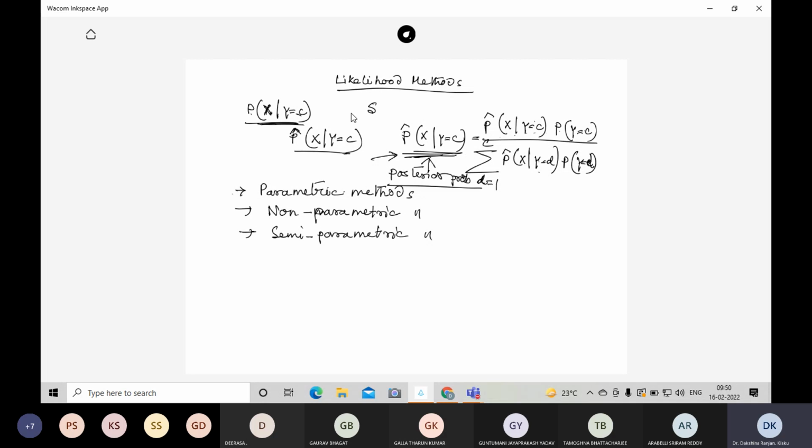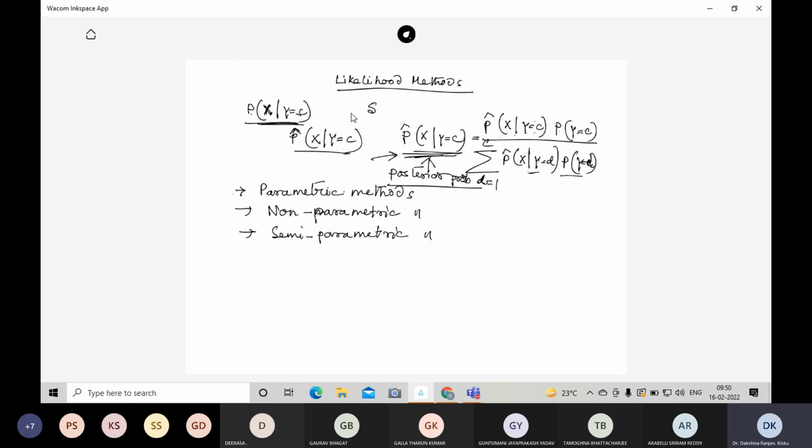So in place of evidence, we can write the summation over likelihood and marginal probability. Okay, now if we classify the likelihood methods, we can have three different approaches. The first type is called the parametric method. The second type is called the non-parametric method, and lastly we can have the semi-parametric method.